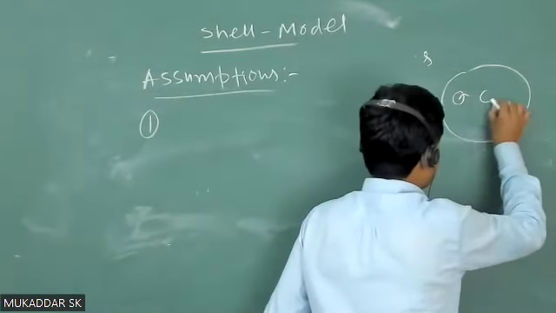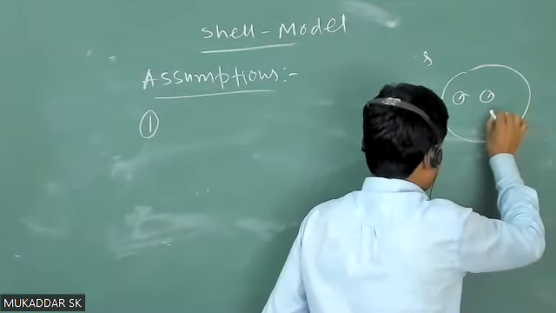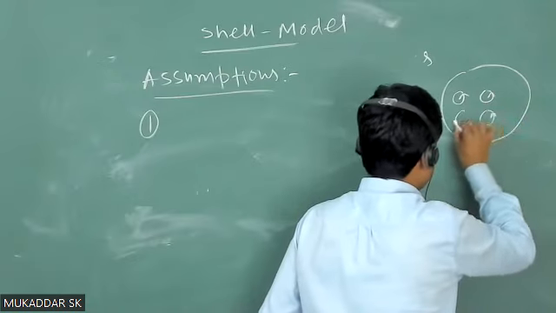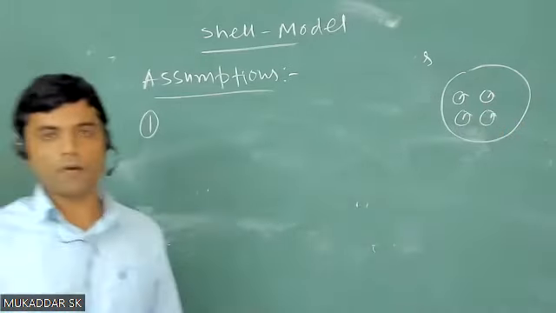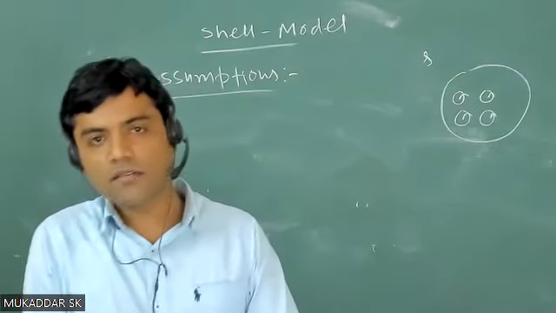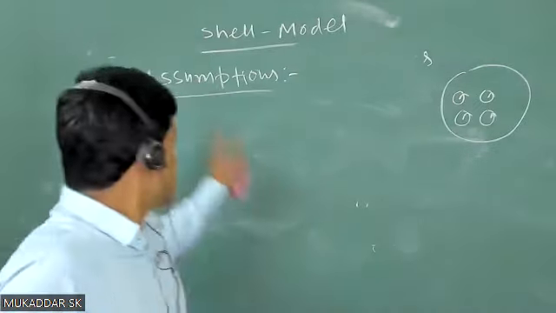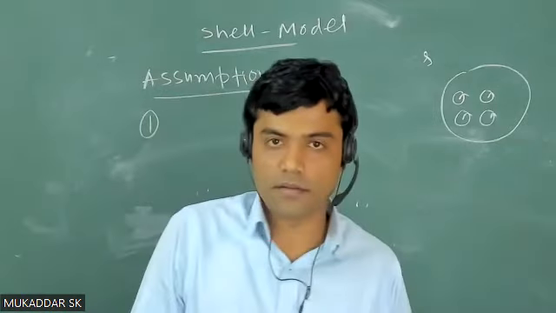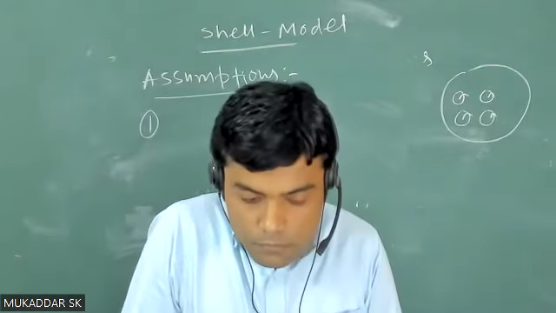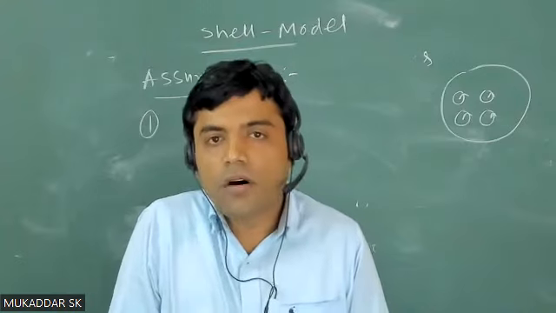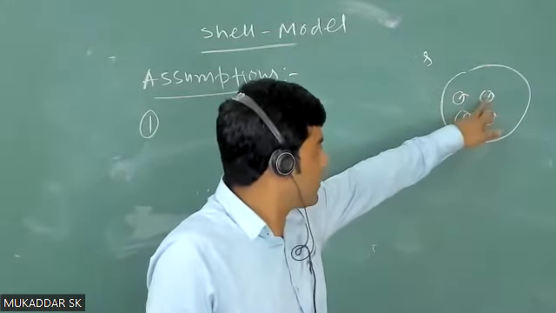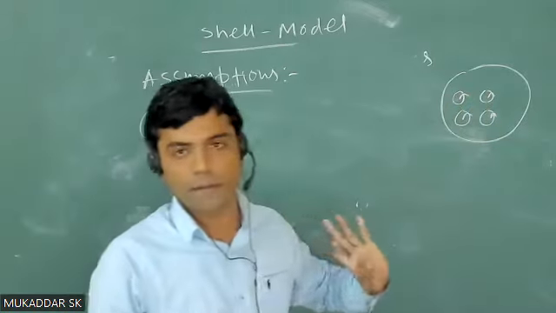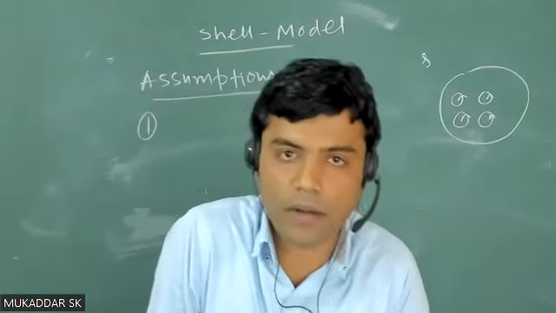Think like this: each nucleon inside the nucleus is revolving in its orbit independent of the others. So this is the assumption. They are assuming like this. And that's why it is called the single particle shell model, because the rotation is independent of the others.